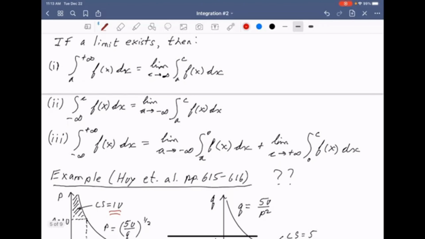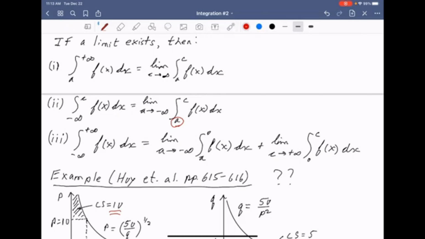The second case is negative infinity to c of f of x, and here we define a to approach negative infinity, and we have that the integral from a to c of f of x dx, where a approaches negative infinity. And then we have the case of going from negative infinity to positive infinity.